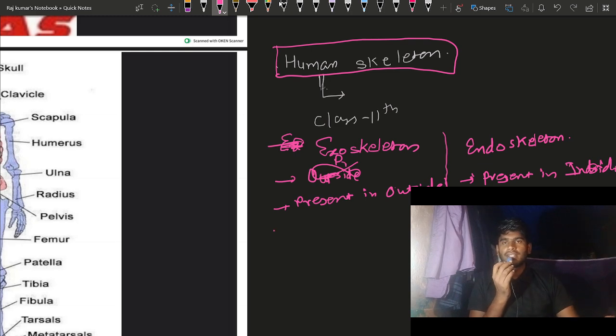Okay, and the second point is that mostly exoskeleton is dead and endoskeleton is living.